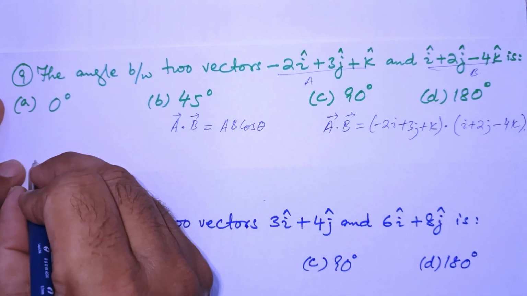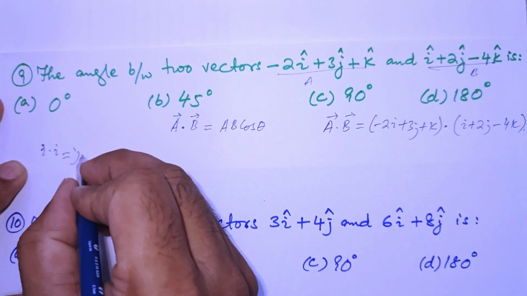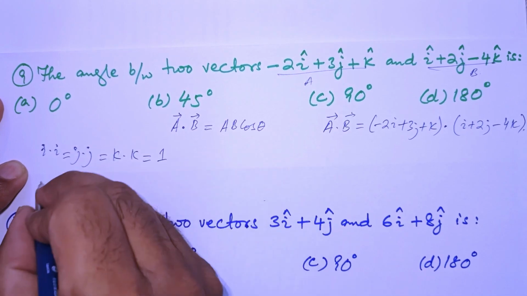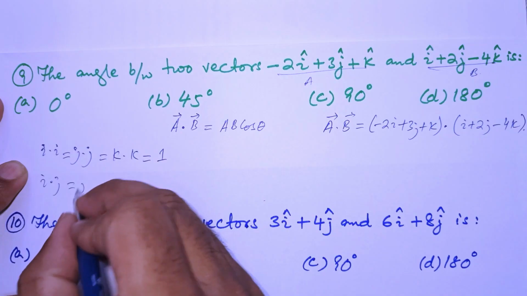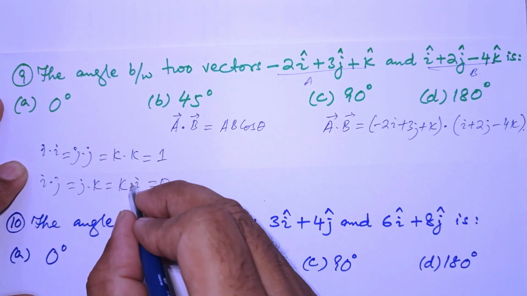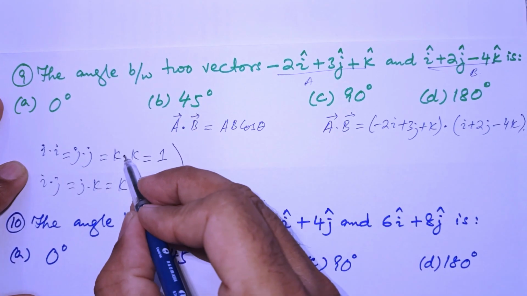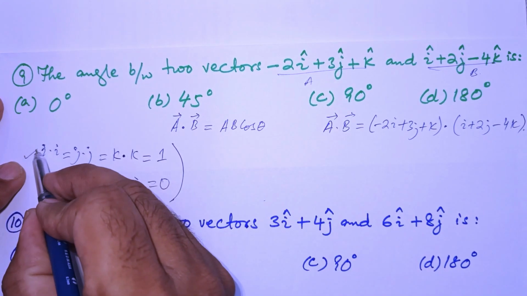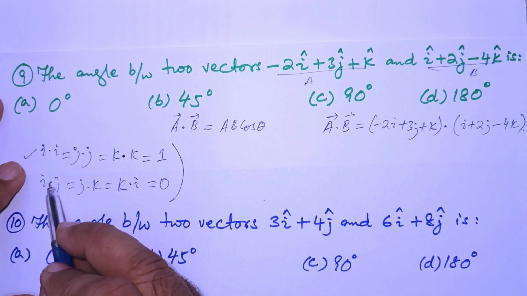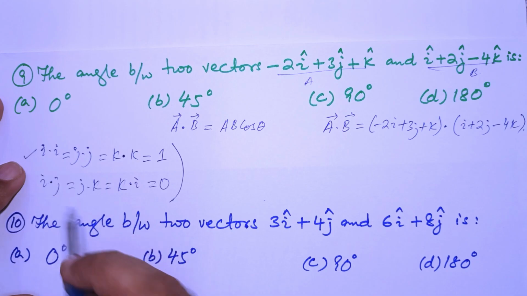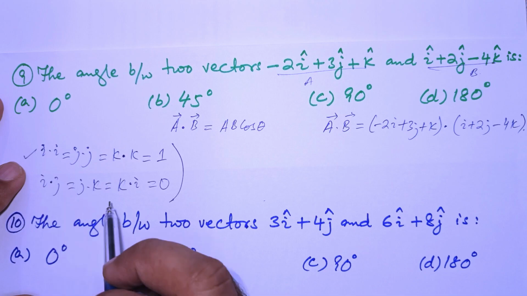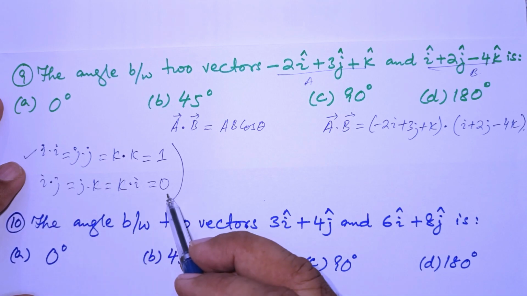We know that i dot i equals j dot j equals k dot k equals 1, whereas i dot j equals j dot k equals k dot i equals 0. Means what? When we take the dot product of same unit vectors, we get the result 1, and when we take the dot product of different unit vectors which are perpendicular to each other, we get the result 0.